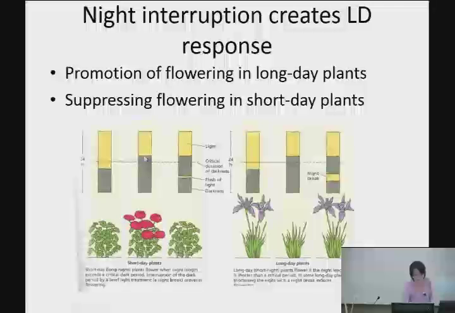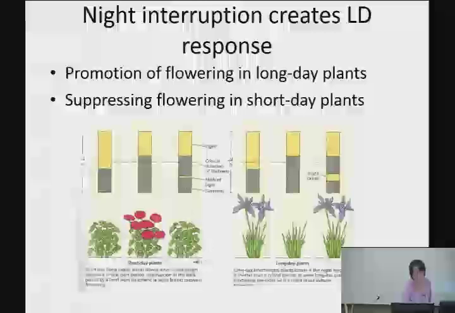Shorter than the critical photoperiod, then they flower. The photoperiod is the same, but breaking the night time into short pieces is basically creating a similar situation as long day, even though the day length is the same. So that's why they don't flower.